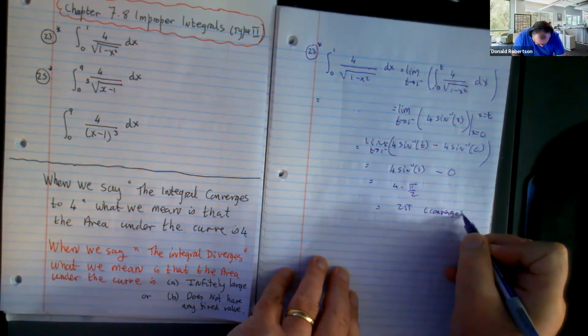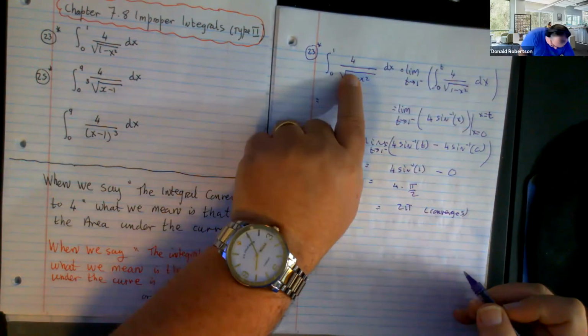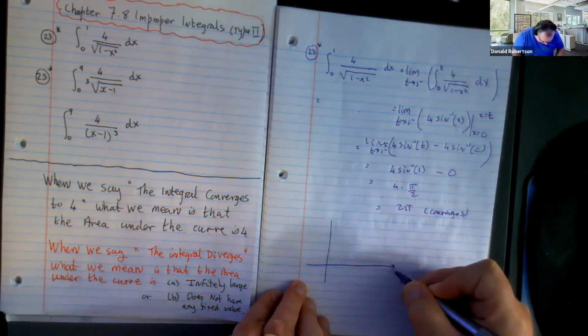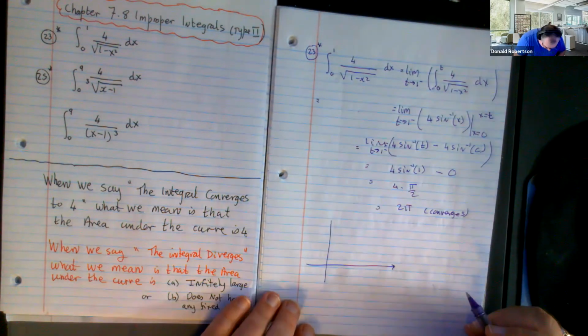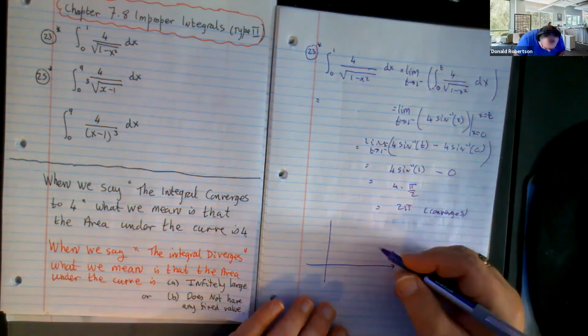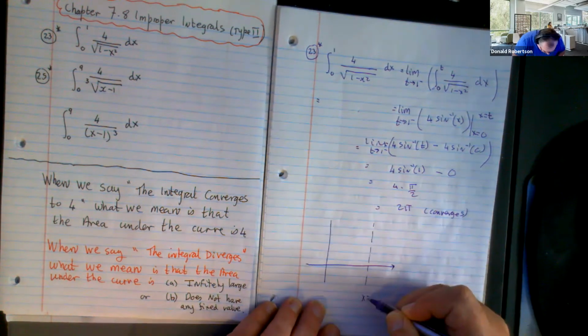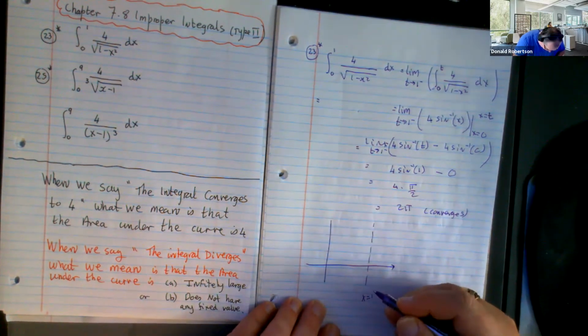If you took this function and did a quick sketch of it, and you found out what 4 over the square root of 1 minus x squared looked like, at 1 it would have a vertical asymptote. At 0, it would be worth 4. So it would probably look something like that.